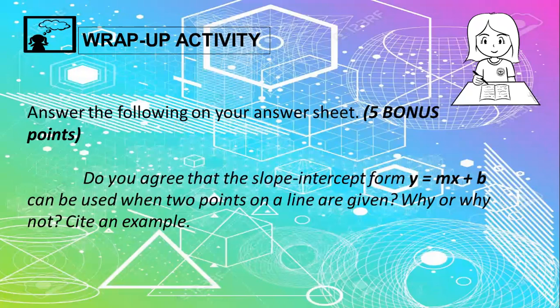And again, for our wrap-up activity, this is simply 5 bonus points for you to answer the question: do you agree that the slope-intercept form y is equal to mx plus b can be used when 2 points on a line are given? So yes or no, then you simply need to cite an example.